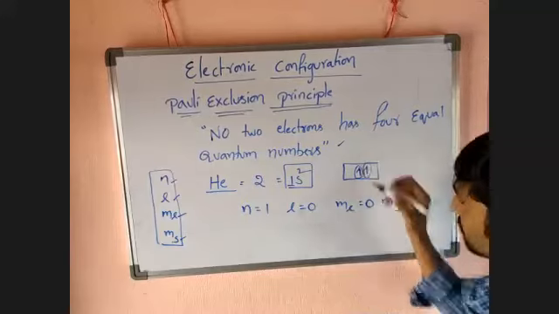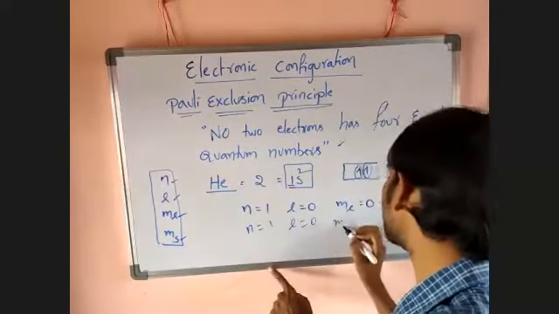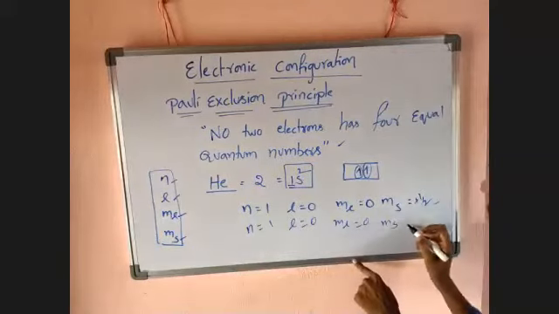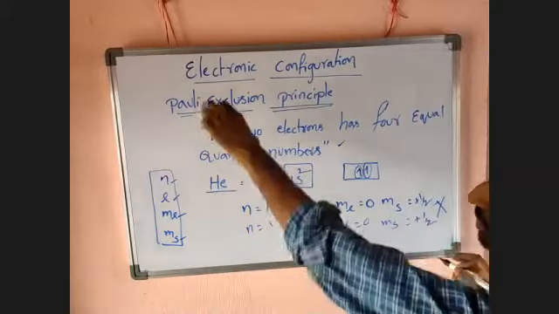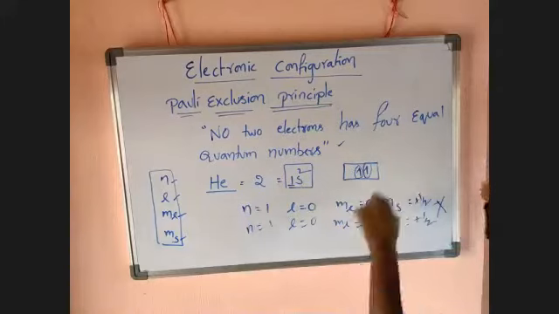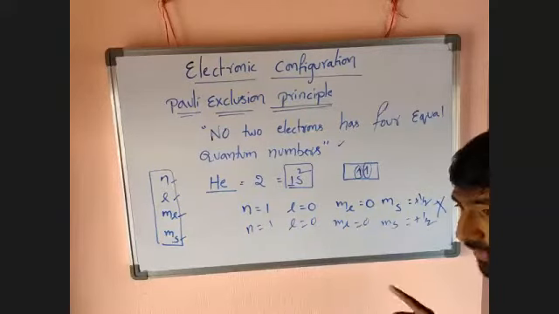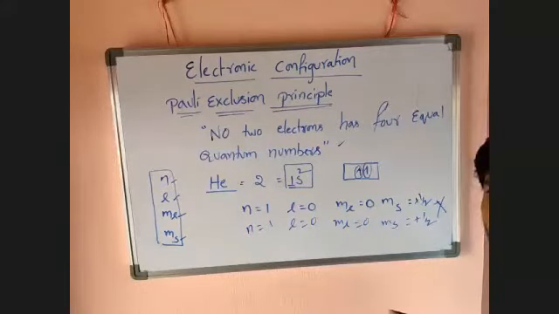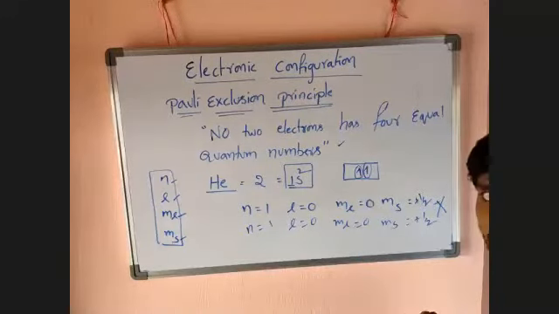For the other electron, you will also get n equal to 1, l equal to 0, ml equal to 0, ms equal to plus half. It is not correct according to Pauli's exclusion principle. What he said is that no 2 electrons have 4 equal quantum numbers. At least one difference must occur.